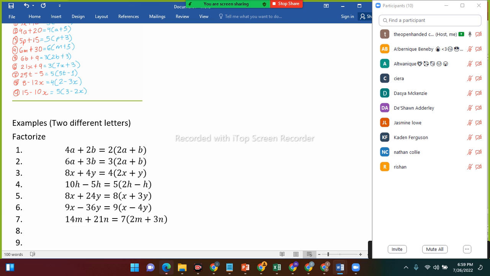Okay. Rashan, how would we do this one? So if we had, let's say we had 15q minus 30r.